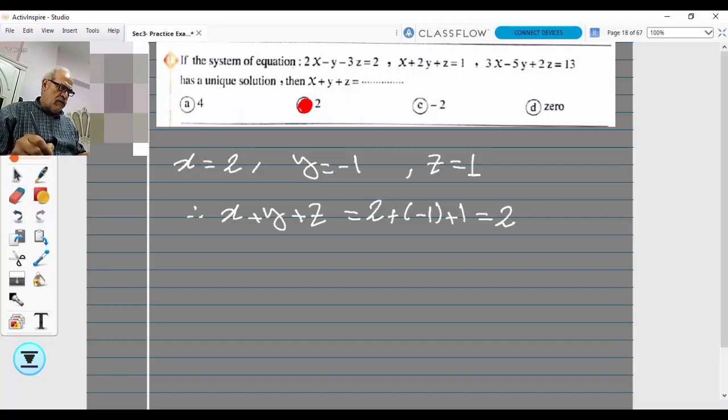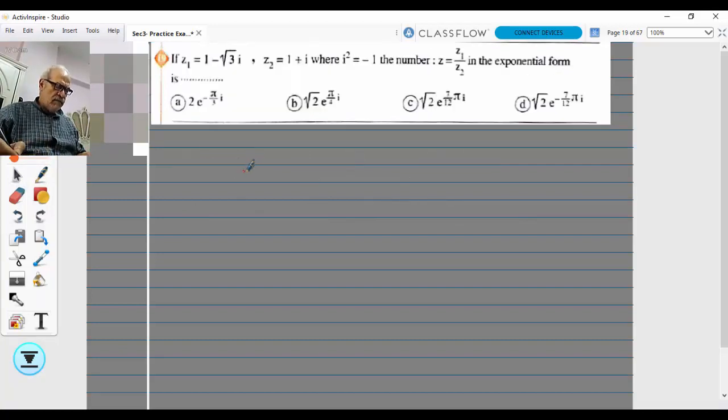Next question, question 19. Here we have z1 equals 1 minus root 3i, z2 equals 1 plus i, and i square equals -1. The number z equals z1 over z2 in the exponential form.